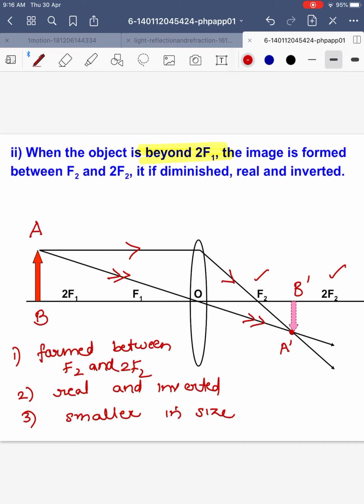As we can see here, the size of object AB is larger as compared to the size of image. So when an object is lying beyond 2f1, image will be formed between f2 and 2f2. It will be diminished, real and inverted. This is the nature of image.